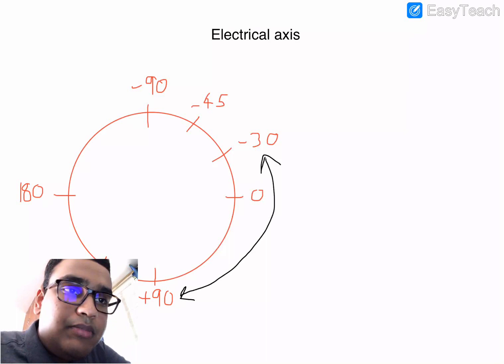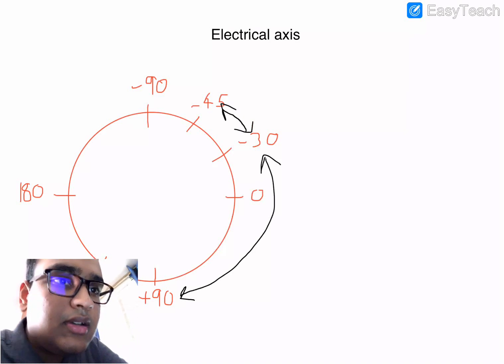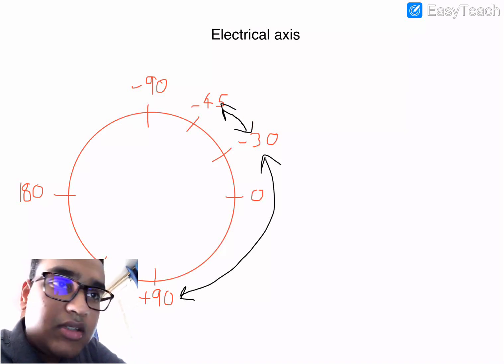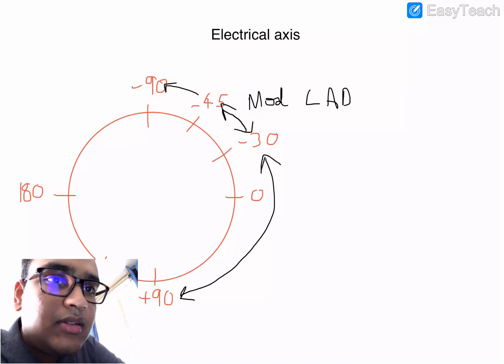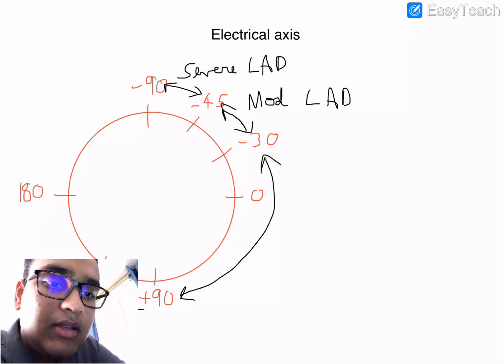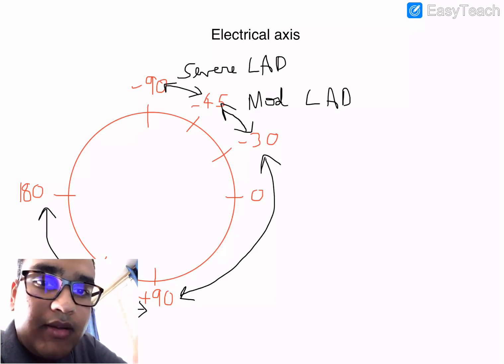Anything beyond this, minus 30 to minus 45, is known as left axis deviation. We can call this moderate left axis deviation, and beyond that would be severe left axis deviation. From plus 90 to 180 would be right axis deviation.